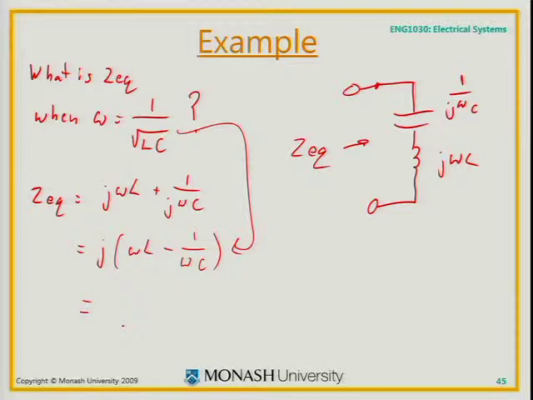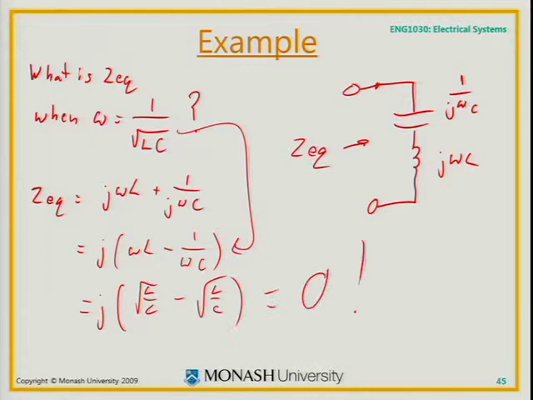Is it 1? No. Say the other one. 0. Yes! You just have to plug in ω. You get j outside of root 1 on root LC times L, that is root L on C, minus 1 on root LC times C, that's root L on C, which equals 0.